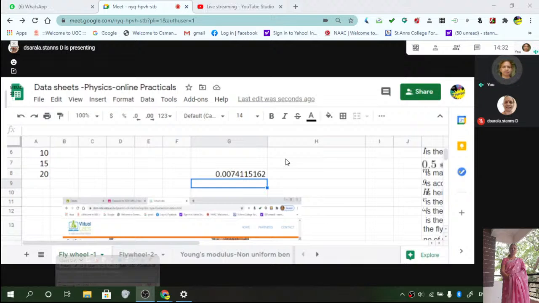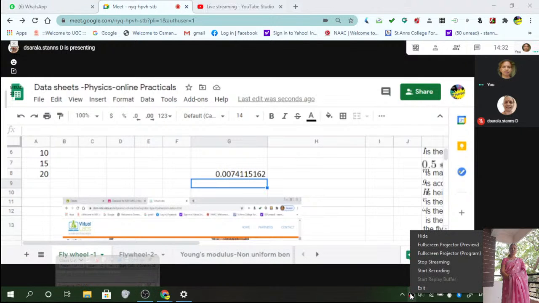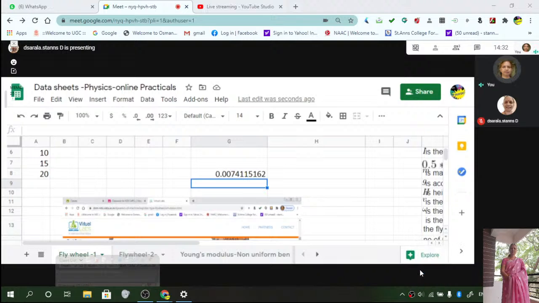So this is how you will be calculating, and verify this using the theoretical and observational values.